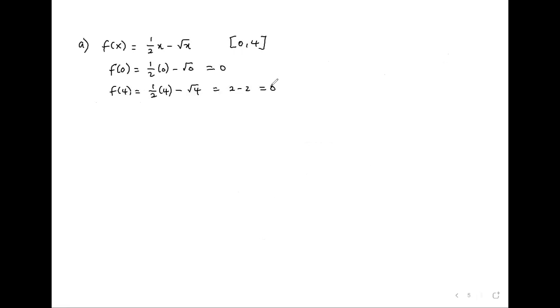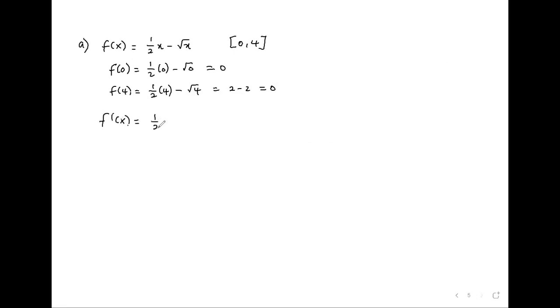So we have f of 0, 0, f of 4, 0. So we've seen that f of 0 and f of 4 are equal and they're all zeros. And our function is defined on those points. Is it differentiable?